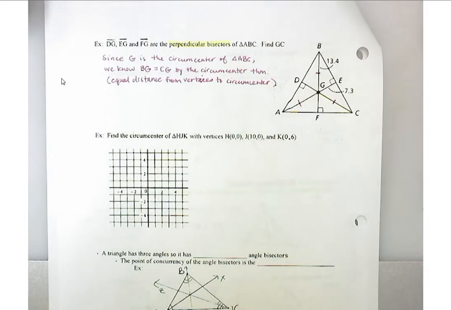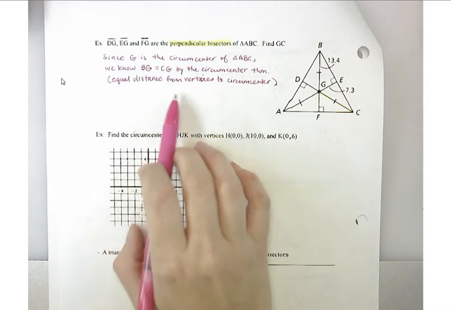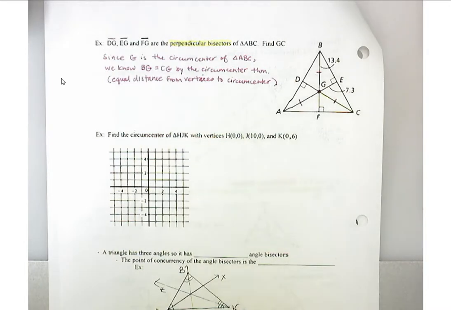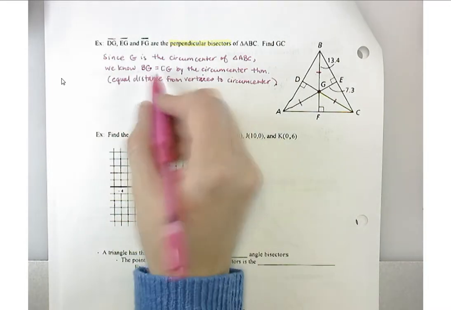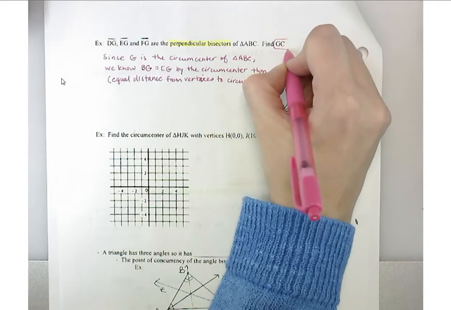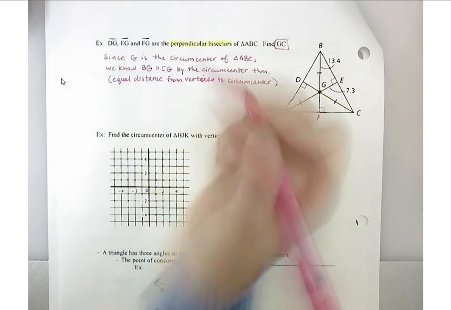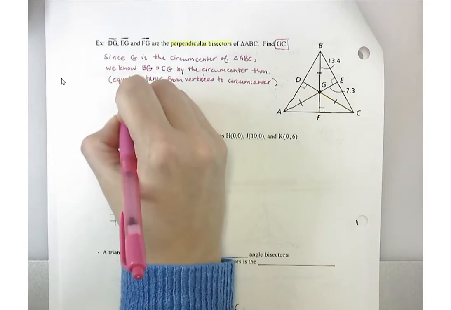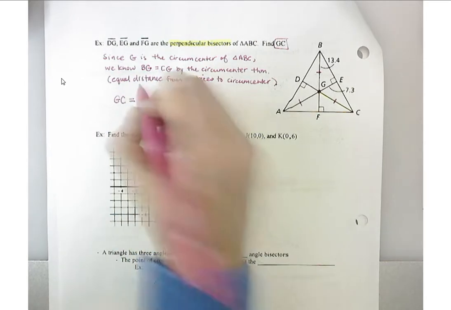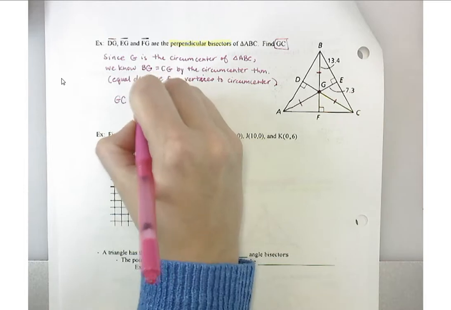Okay, so since G is the circumcenter of triangle ABC, we know that BG is equal to CG by the circumcenter theorem, which tells us there's equal distance from vertices to the circumcenter. So that means that we're trying to find GC, which is the same thing as CG. That means GC is going to equal the same length, which is 13.4.